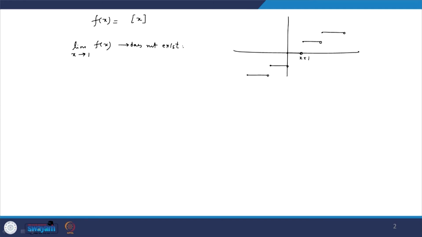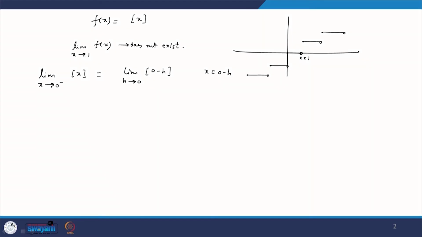Or you can show it mathematically like this. The left hand limit, x tending to 1 minus of f x, which is box x, equals the limit as h tends to 0 of box of 1 minus h. We are calculating at 1, not at 0.